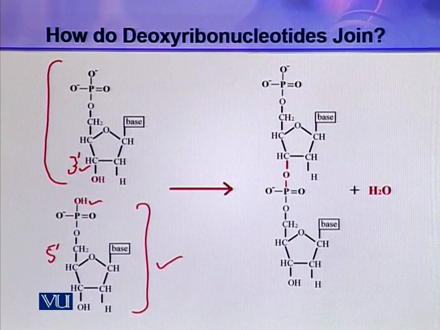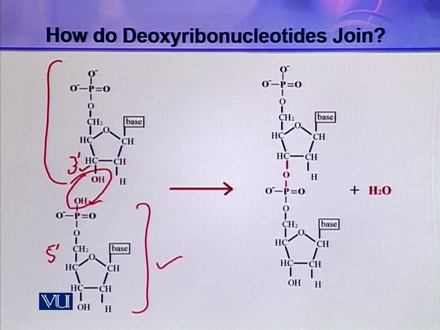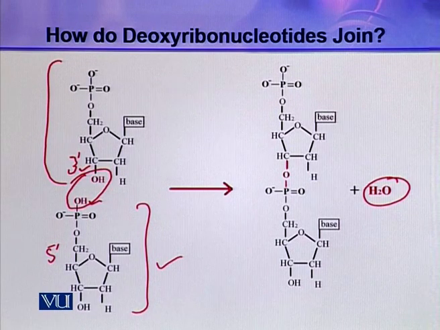So these two hydroxyl groups combine together, a water molecule is eliminated, and an ester linkage is established. This is an ester linkage because this is an organic acid and this is an alcoholic group, and when an organic acid and an alcoholic group react, they form an ester linkage.